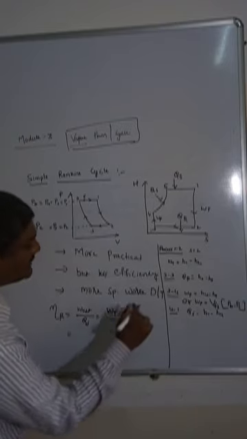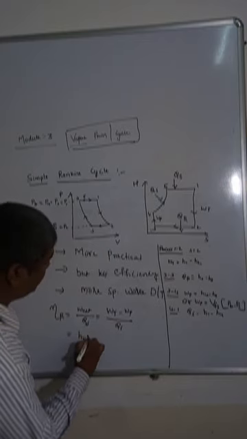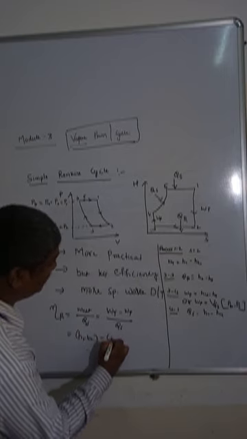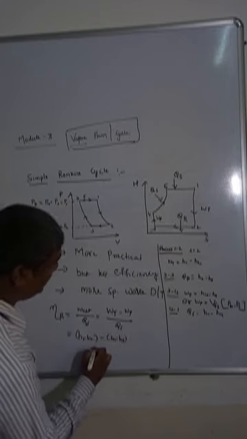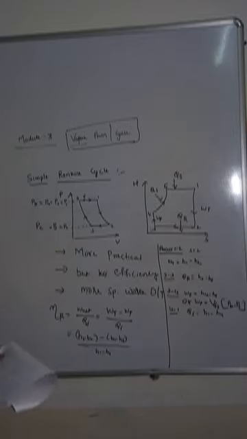So Wt is H1 minus H2, minus Wp, which is H4 minus H3, divided by H1 minus H4.